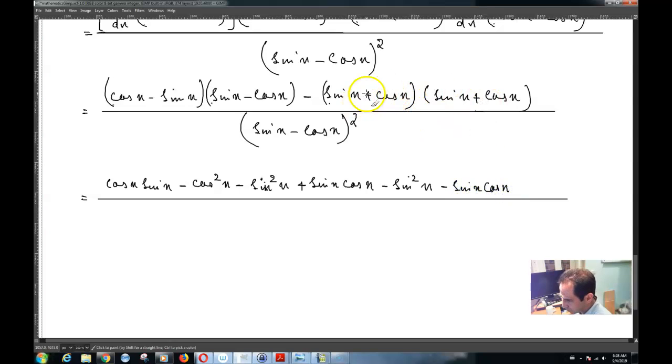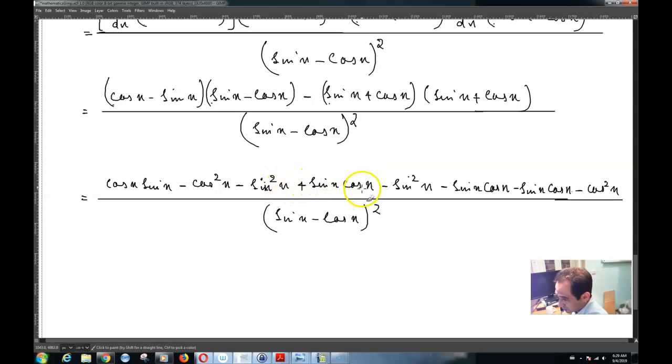Of course, while I'm multiplying these together, I'm also multiplying this negative 1 by every term, so you need to be careful about that. So you have negative sin x cos x, negative sin x cos x minus cos squared x, over sin x minus cos x whole squared.